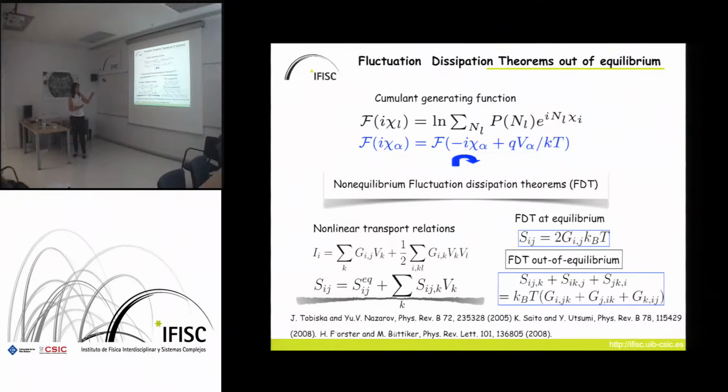In that way, you are not able to get any local detail balance. When you trace out one of the subsystems, then the local detail balance doesn't work, and then you cannot use this symmetry, but at the end, using another symmetry that I have not written here, but is in this reference, you are able to get some kind of nonlinear transport relation.